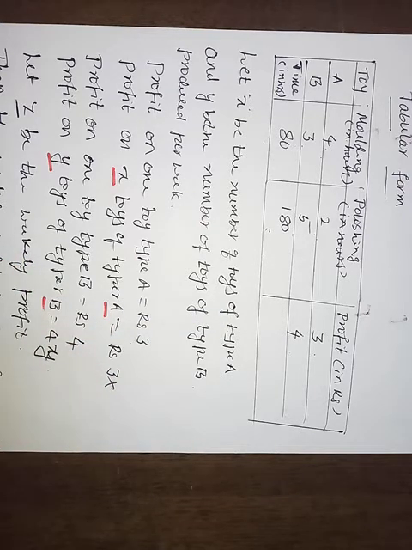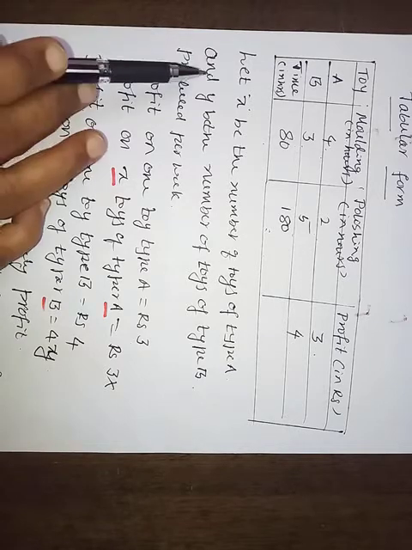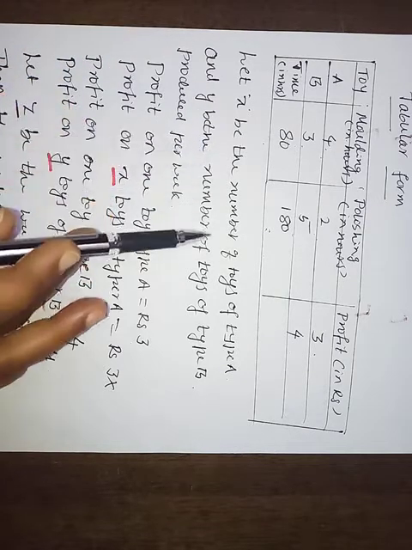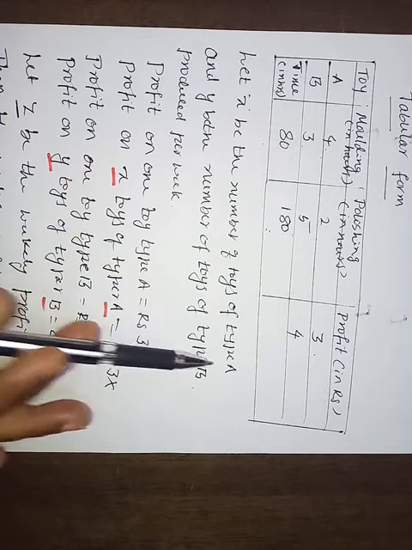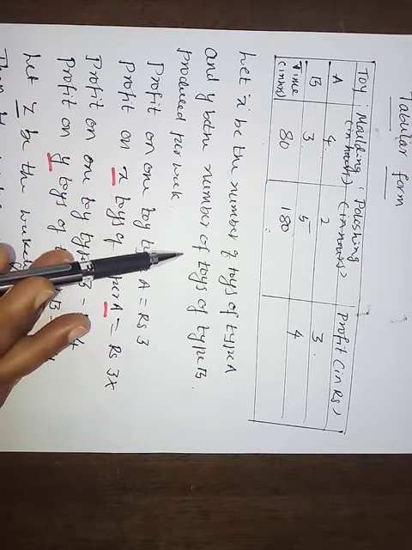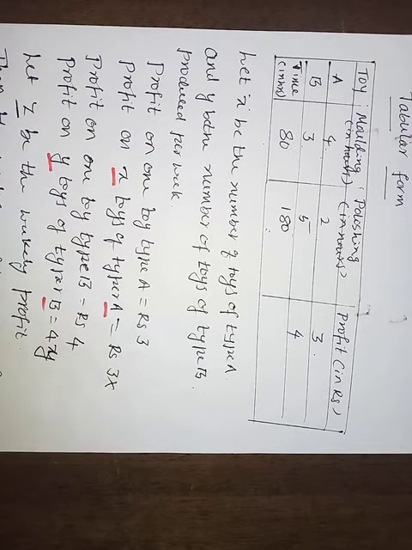Now here we need the maximum profit. For that, how many toys do we have to produce? We don't know exactly. Therefore, let X be the number of toys of type A and Y be the number of toys of type B produced per week.